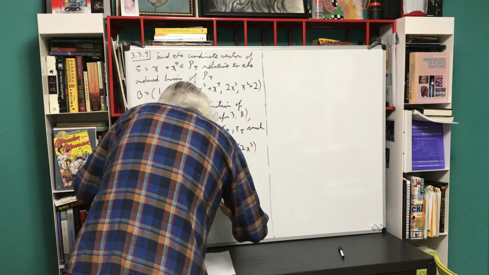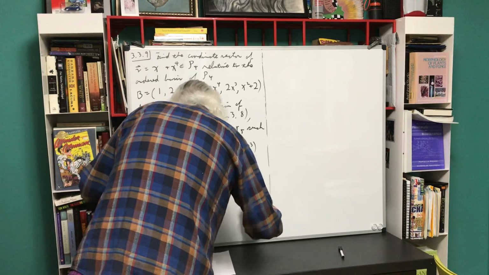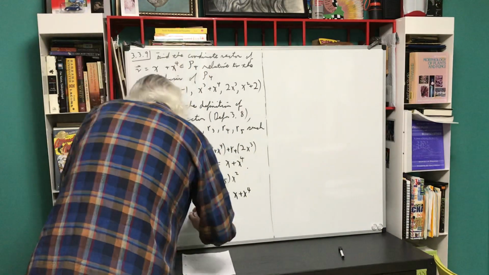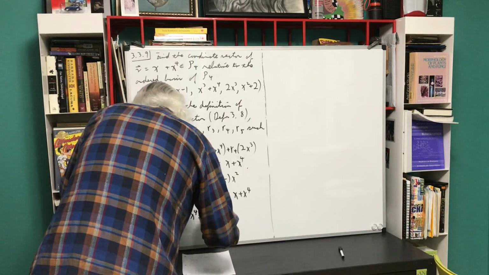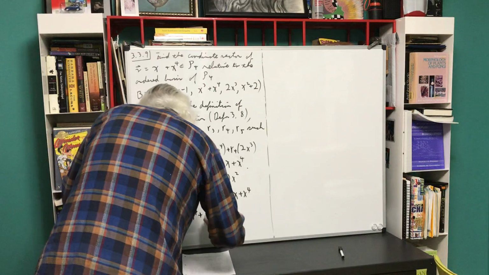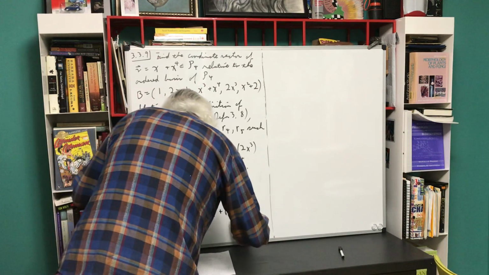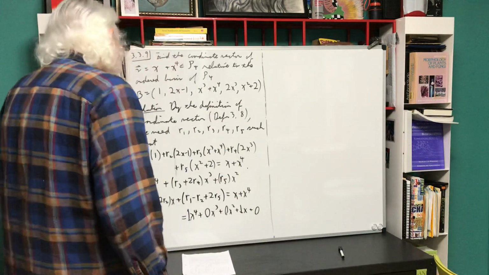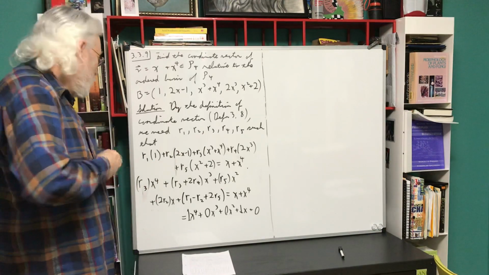We want that to equal x plus x to the fourth. Maybe I rewrite that in a more suggestive way: 1x to the fourth plus 0x cubed plus 0x squared plus 1x plus 0. Now we match up powers of x. We've got a system of equations.